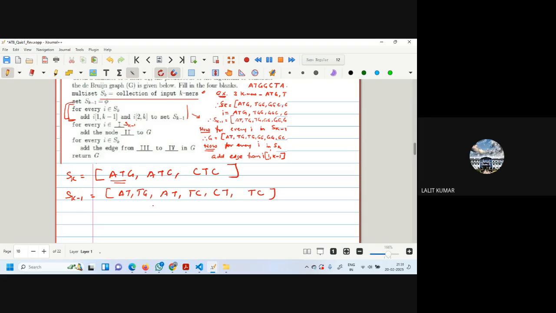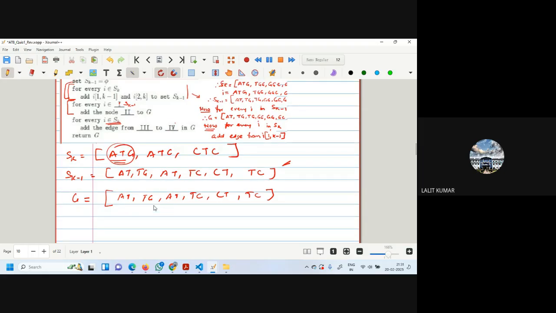Second step, they are saying, for every I in the dash, add the node to G. So the graph comes from Sk minus 1, so Sk minus 1 has to come here. Then the graph will become AT, TG, AT, TC, CT and TC. And now for every I belonging to Sk, so I take ATG, and add the edge from this to this.